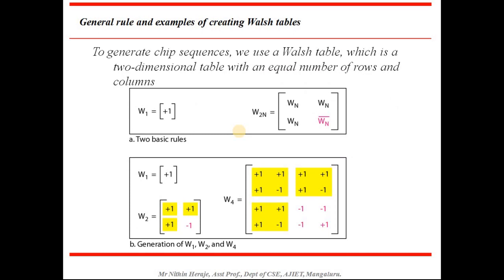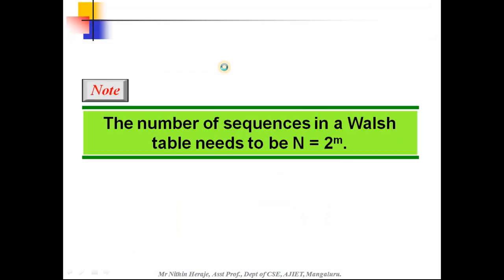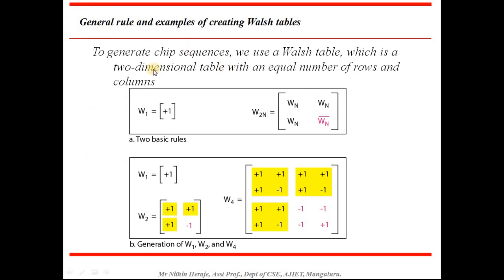And lastly we have creating the Walsh tables. So the general rule and examples for creating the Walsh tables, we have it here. Okay, so to generate chip sequences, we use a Walsh table, which is a 2-dimensional table with an equal number of rows and columns.